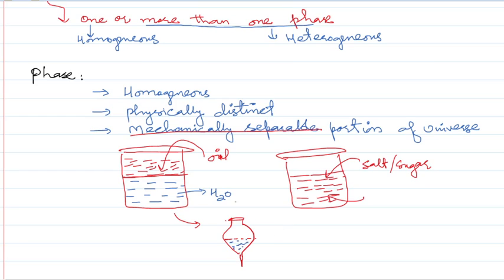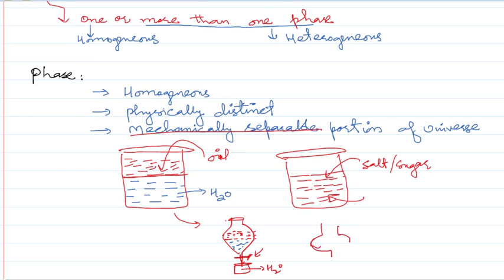This is water and the upper portion will be oil, because the density of oil is less than the density of water. You simply open the knob, and the first layer that comes out will be simply water, and similarly you can do for the second layer also.